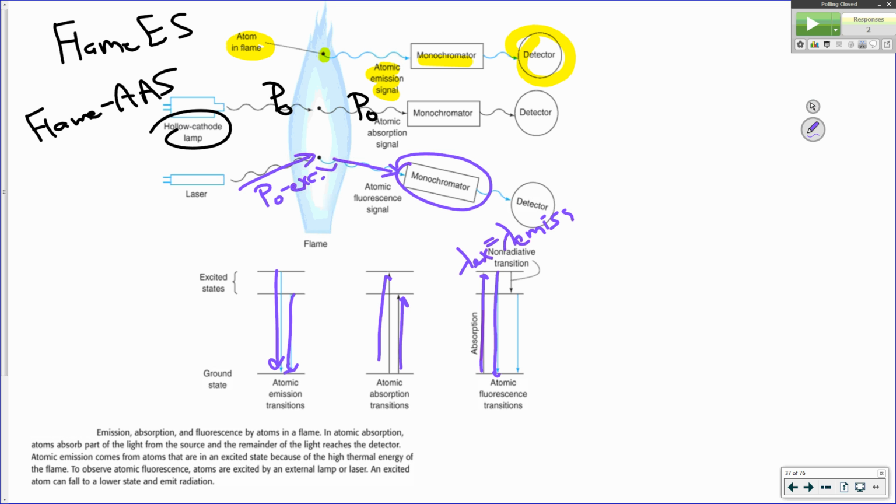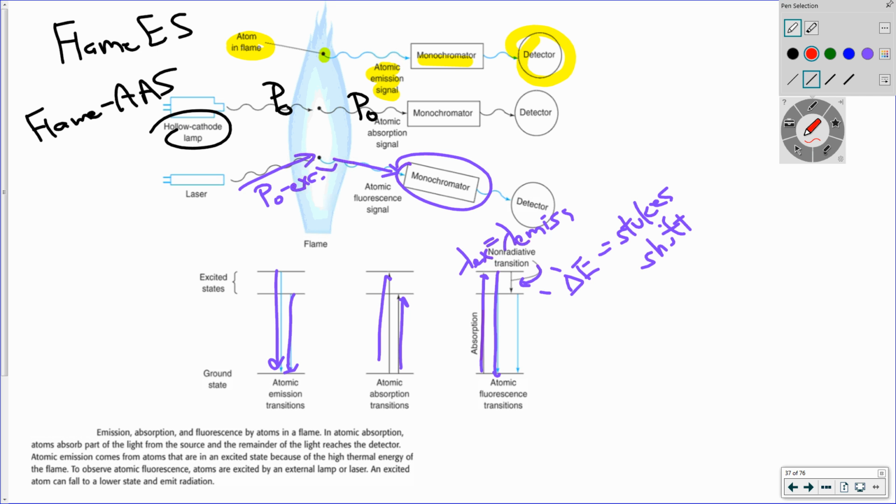But sometimes you can have a non-radiative decay, it bumps into something, and you could have the Stokes shift. So this delta E would be the Stokes shift. But we don't have that very often with atomic species, because those are usually molecular and rotational energy losses. So most commonly what we're looking at in atomic species is resonance fluorescence. Lambda excitation equals lambda emission.